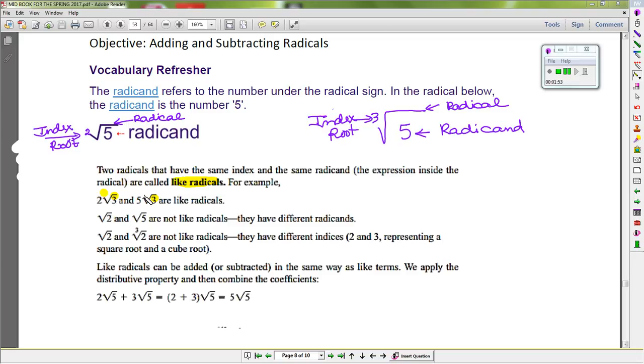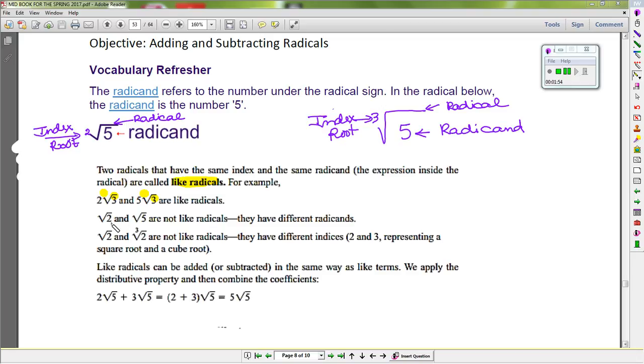Now you don't see the index because this is the invisible index. If your index is 2, you don't have to write it down. That's why for the square root we don't have to write down the index. Now the coefficient, the number that multiplies your radical, this is 2, this is 5, it can be different. That would be okay, but we have to make sure that we have the same radicand and the same index or the same root.